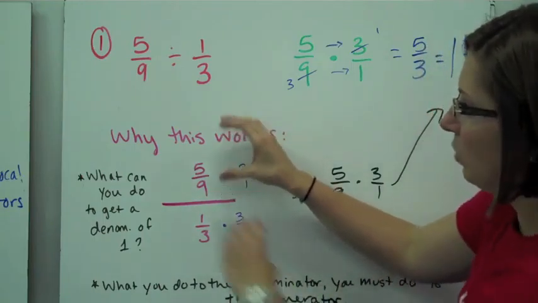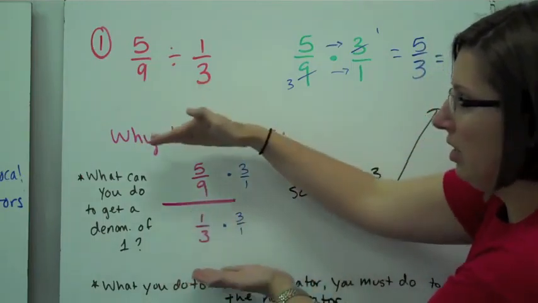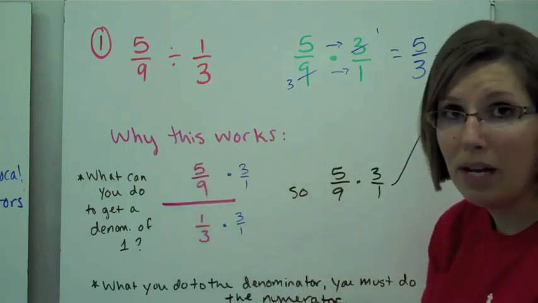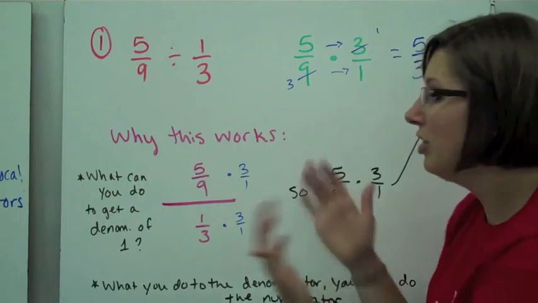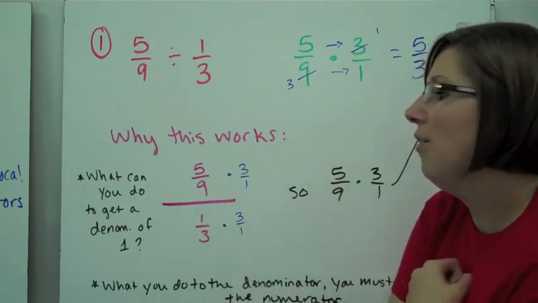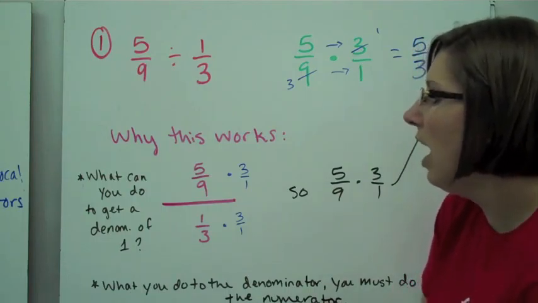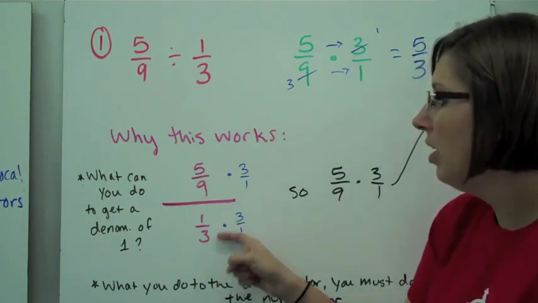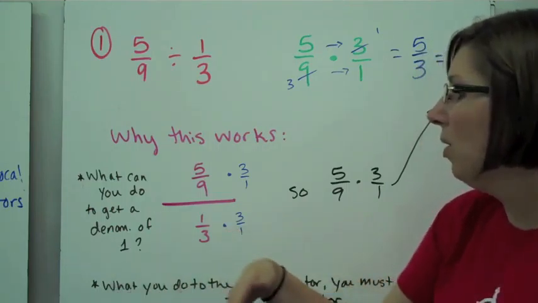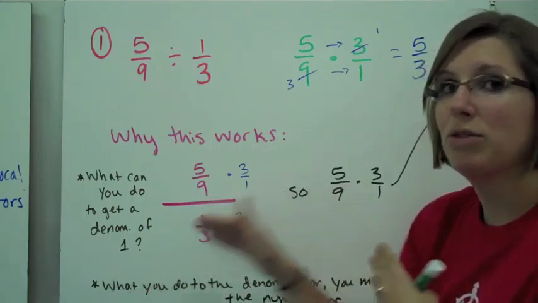If we think of this as one giant fraction here, with 5/9 as my numerator and 1/3 as my denominator, how can I change this so that it has a denominator of 1? Well, I can undo the 1/3 by making it 1, by multiplying it by its reciprocal.